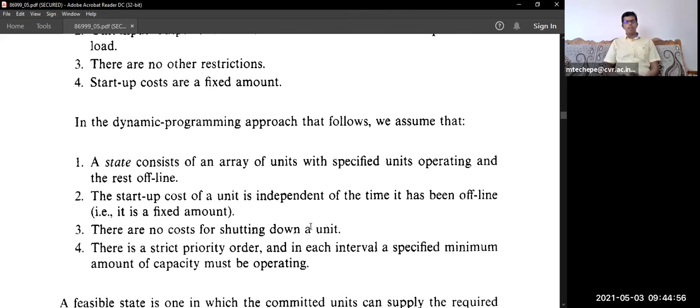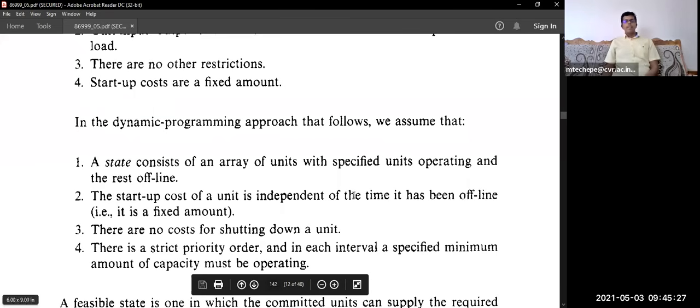Workers are involved, and after shutting down we have to take the burnt coal ashes to the ash handling plant. Like that, many costs are involved in shutting down a unit. But in this dynamic programming approach, we are not taking that cost. We are considering the shutdown cost to be 0.